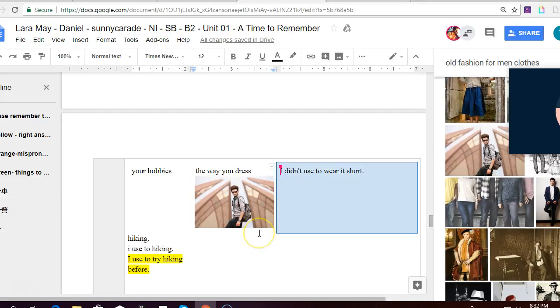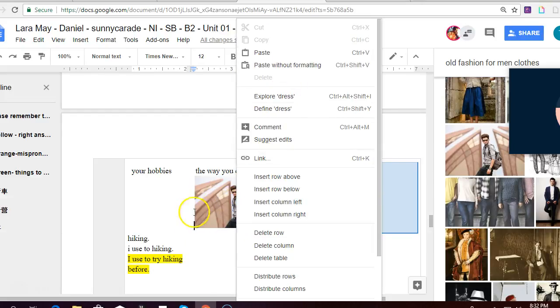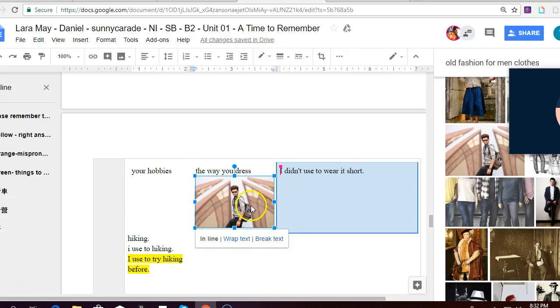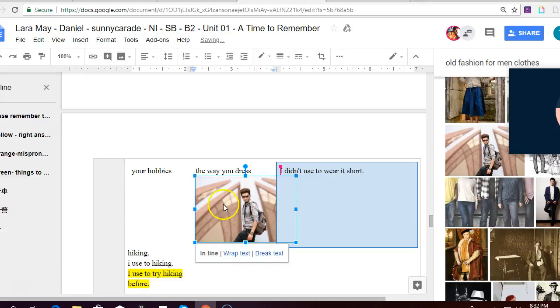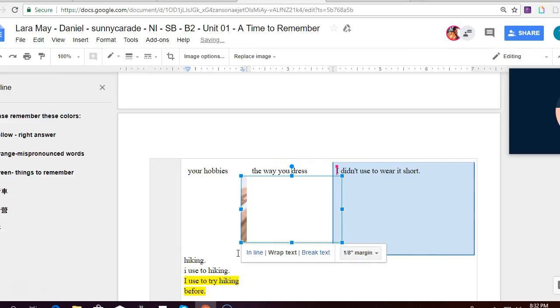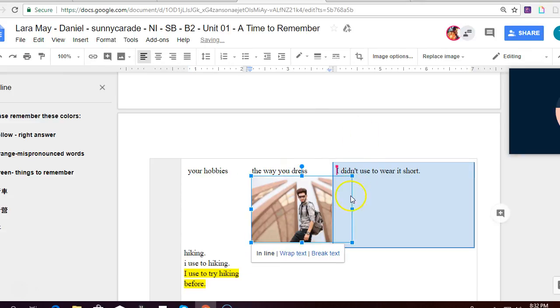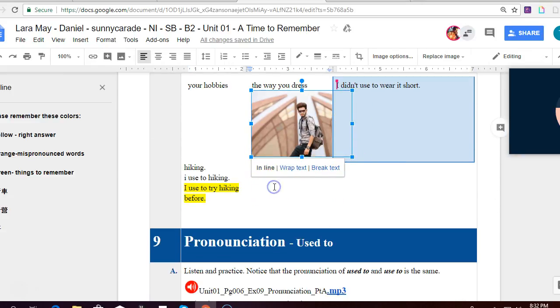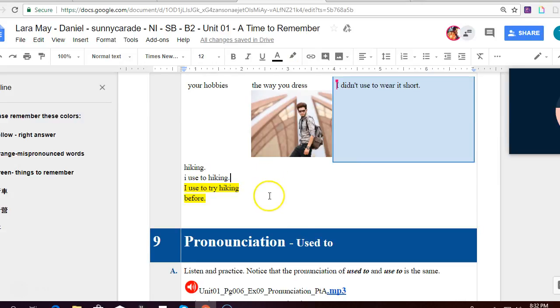Okay, Danielle, can you see the picture? Yes. Okay, so now I would like to know if you already dressed just like this man. Have you already tried this clothes style?